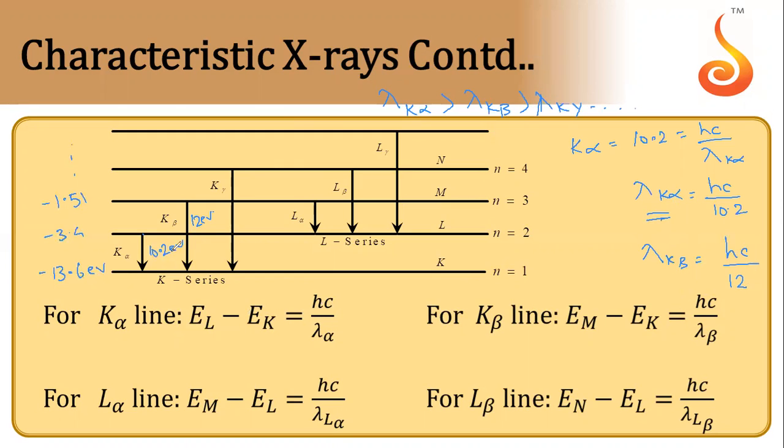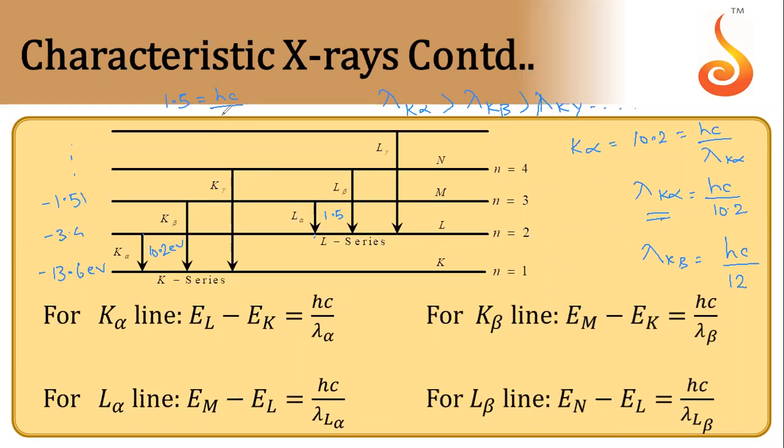Now let's compare K alpha and L alpha. In K alpha we found the energy difference was 10.2 electron volt. In L alpha the energy difference is 3.4 minus 1.5, that is approximately 1.5. So for L alpha, the energy difference between these two orbits is 1.5, which will be equal to HC by lambda.